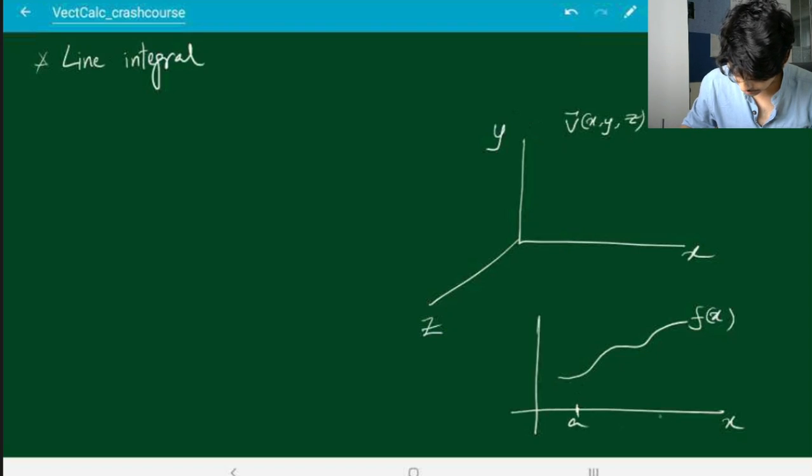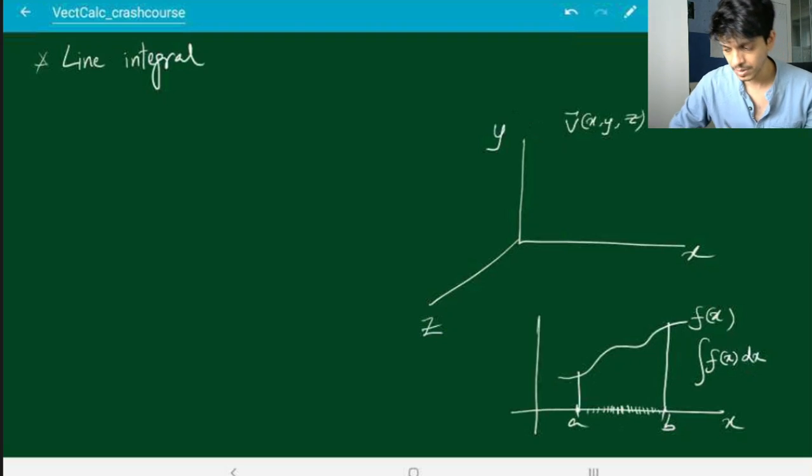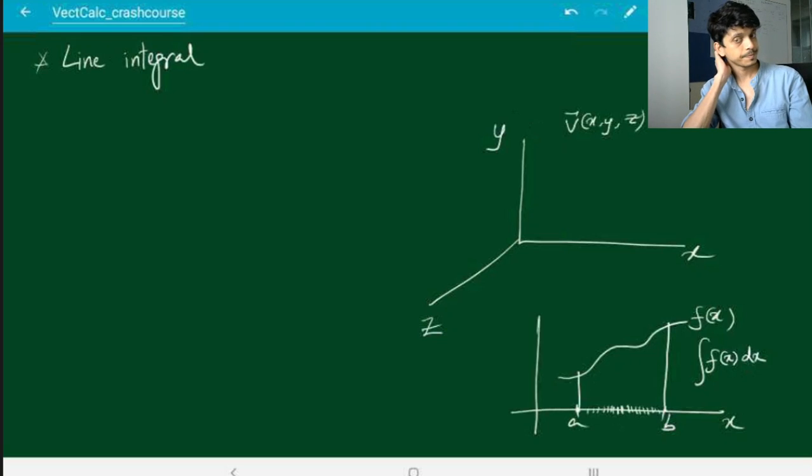So this is a, this is b. So I want to integrate the function from a to b, and then what I do is I take f at some point x, I multiply it by a small element dx over here, and then I add up the contributions over all such small elements. So that's what we mean by integral.